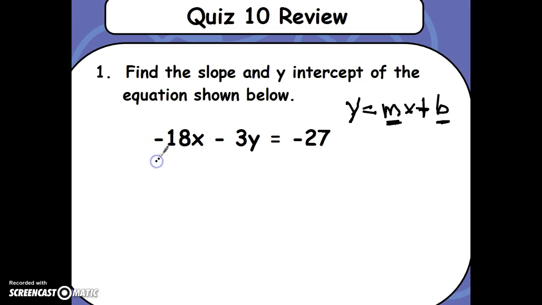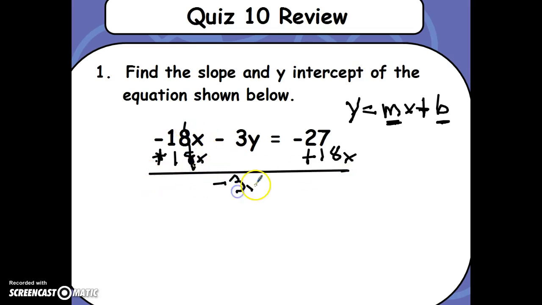We're going to put plus 18x on the left and plus 18x on the right and subtract those. So these go away and you have negative 3y is equal to 18x minus 27. Okay, we still have the negative 3 in front of y, so we're going to divide by negative 3 to get rid of it.